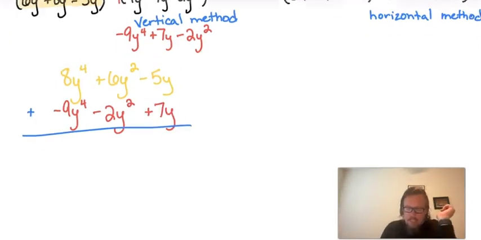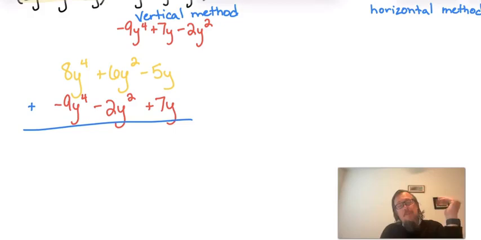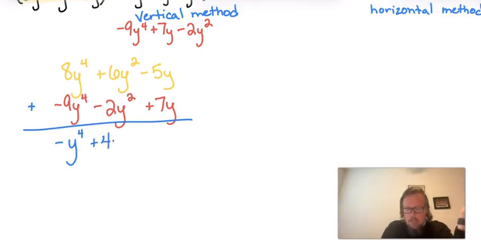Okay, so let's go ahead and do this. 8y to the fourth minus 9y to the fourth is a negative 1y to the fourth, or you can just write negative y to the fourth if you like. 6y squared minus 2y squared is 6 minus 2, which is a positive 4y squared.